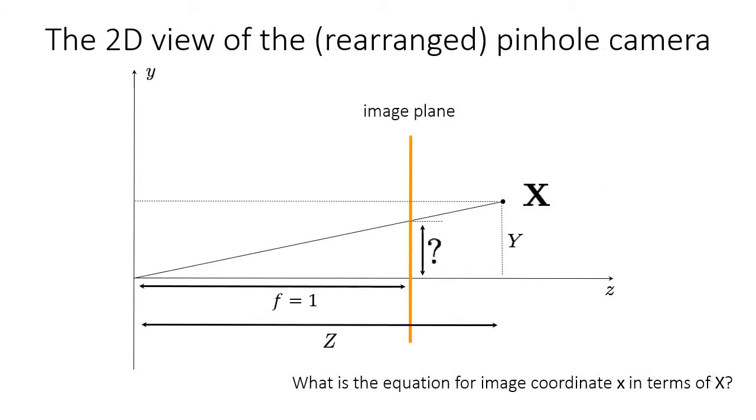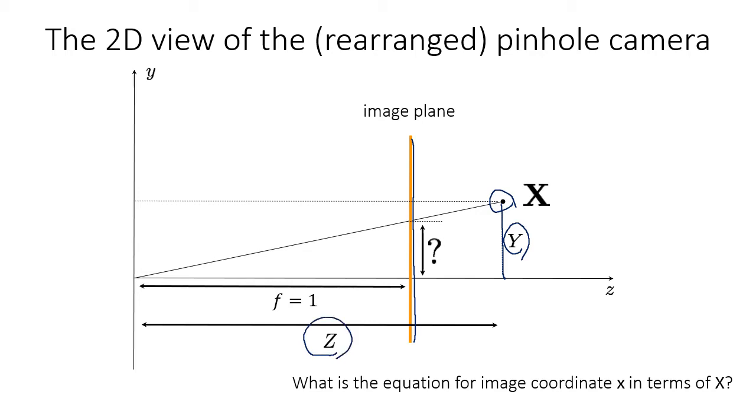Let's see the 2D projected view from the previous figure. This is the 3D camera point uppercase X, and this is the image plane. This value is y and this value is g.